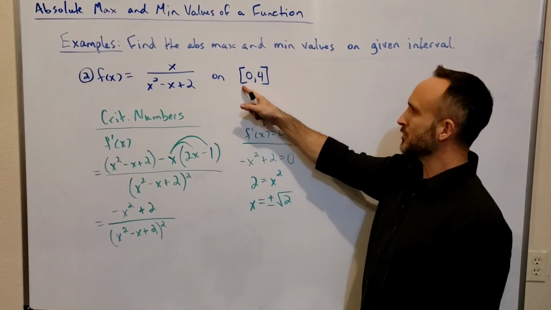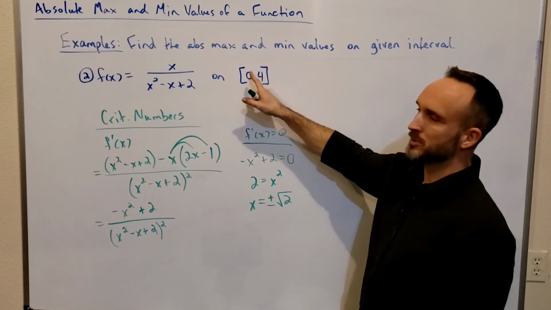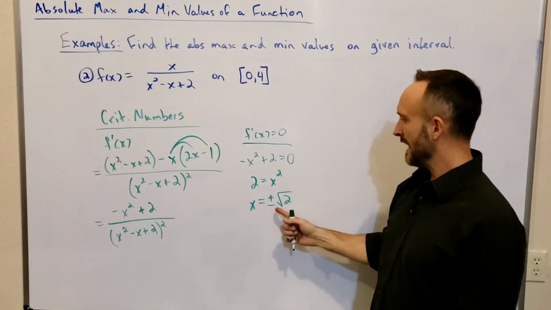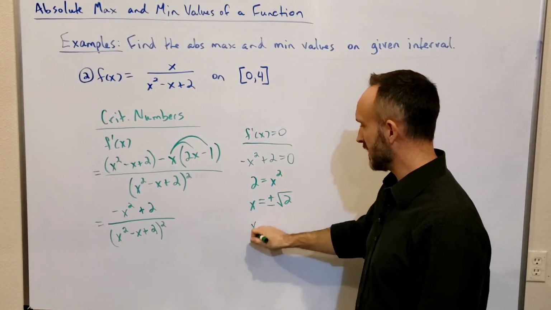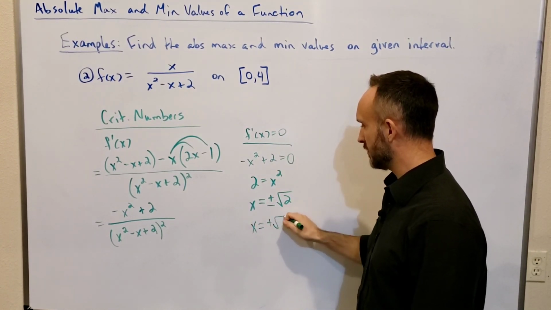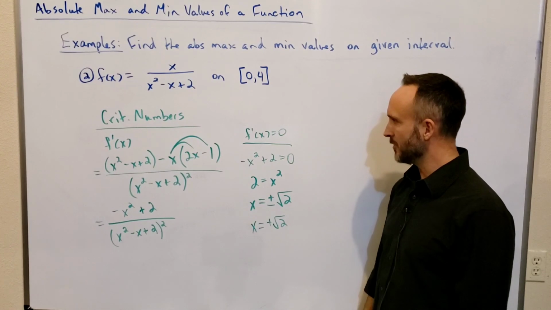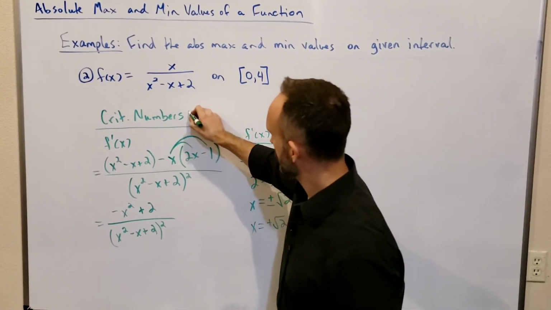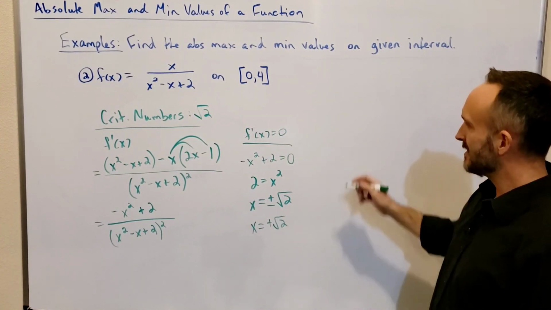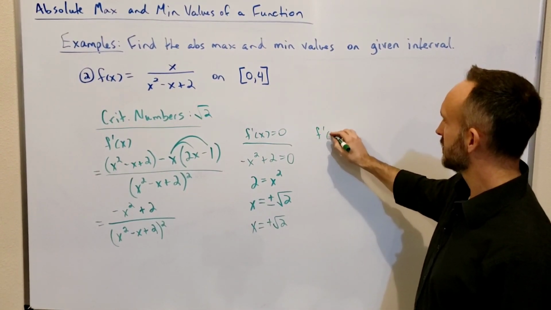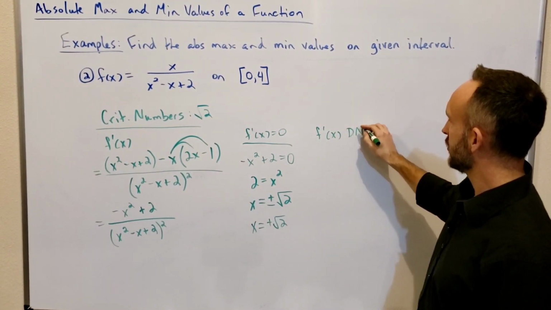However, I'm only interested in absolute max and min on the closed interval from 0 to 4, and the negative square root of 2 lives outside of that interval. So I'm going to restrict this down to where I'm only interested in the positive square root of 2 x value. So that's a critical number. The square root of 2 is a critical number. Okay? I need to look at where f prime of x does not exist for the other critical numbers.